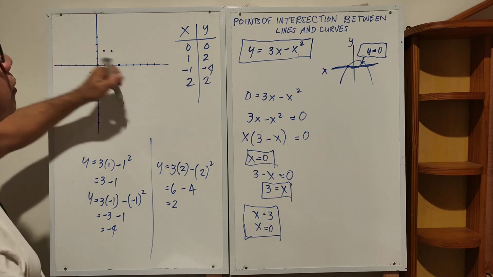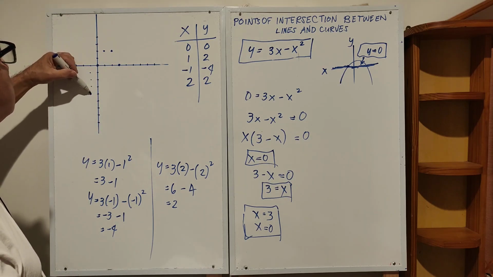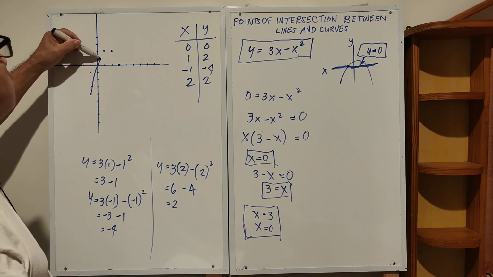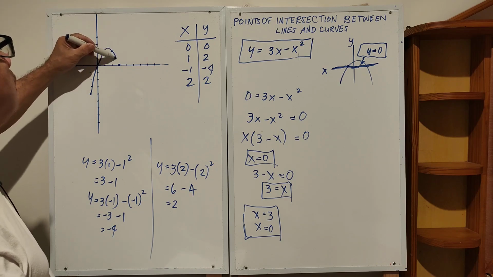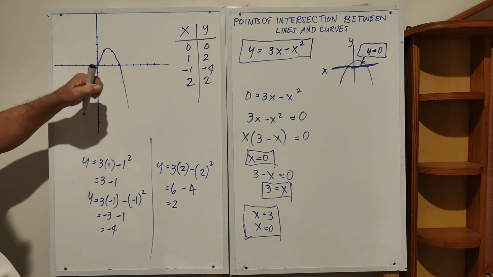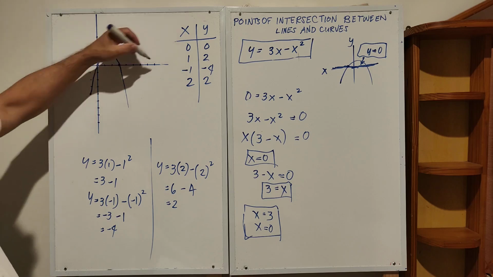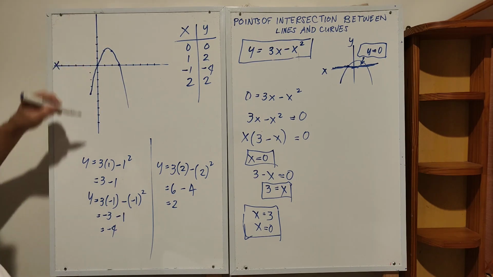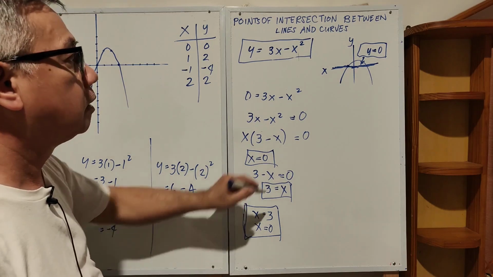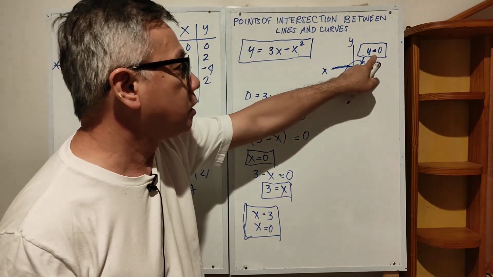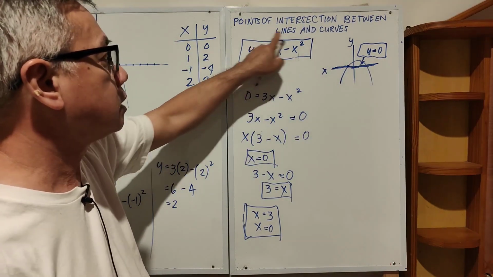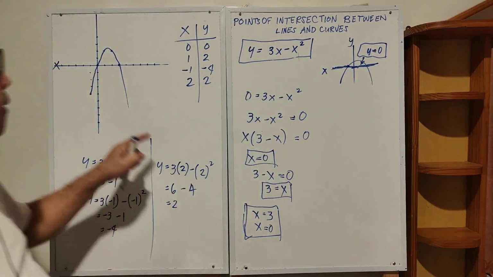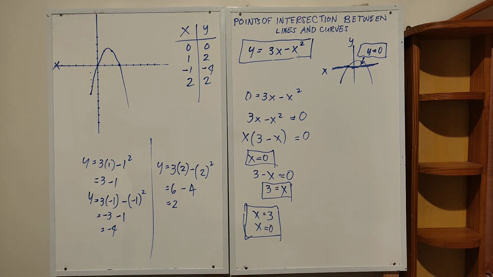So your curve will be like this. And see that the points of intersection with the x-axis are at 0 and 3. If we use y is equal to 0 and y is equal to this equation, you can get the points of intersection.